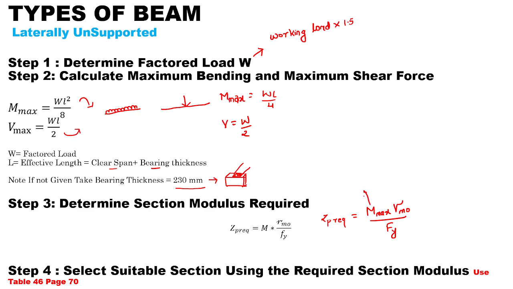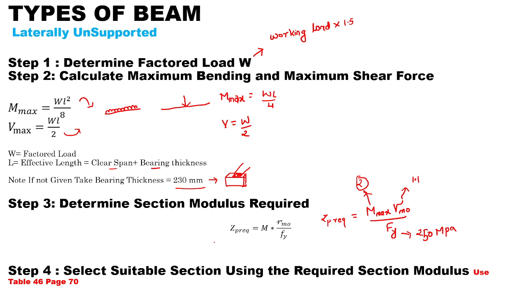So this is obtained in step number 2. The value of gamma m naught is 1.1 and the value of Fy is 250 MPa. One thing that you have to note is the unit for the moment should be consistent.